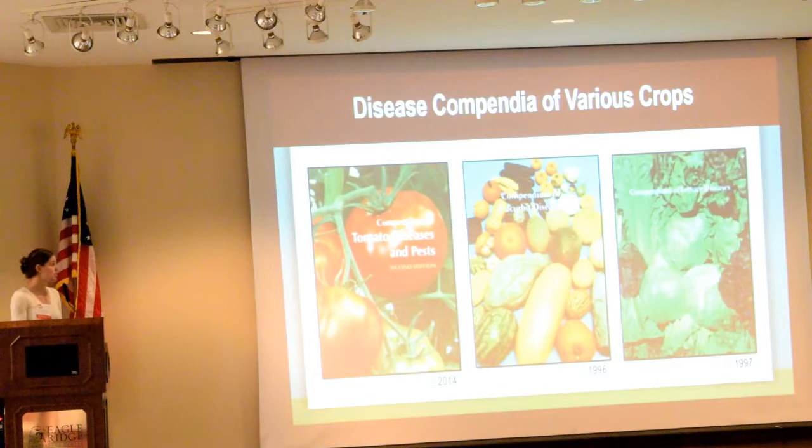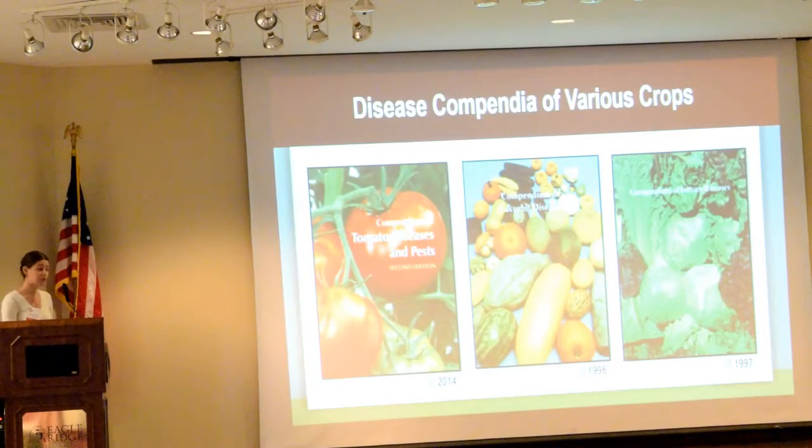Okay, so several of you saw the compendium of tomato diseases and pests. As I mentioned, there are lots of free resources and publications that are available online from various universities. These are some books that I use when I get calls and I have to look.